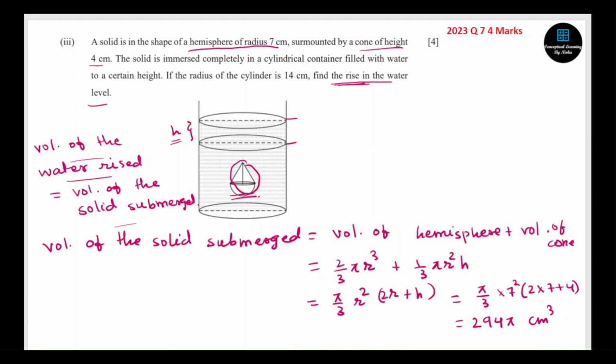Okay. So this is the volume of the solid which is submerged, and that is nothing but the volume of the water raised. Let the rise in water be h centimeter.